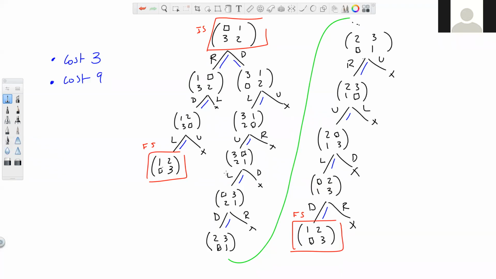So I think this is 1, 2, 3, 4, 5, 6, 7, 8, 9. Yes. So one of them can solve the problem using 3 actions, and the other one solves it using 9 actions. And what we would be interested in is basically the more optimal cost, which is this guy. Now, here's the thing.